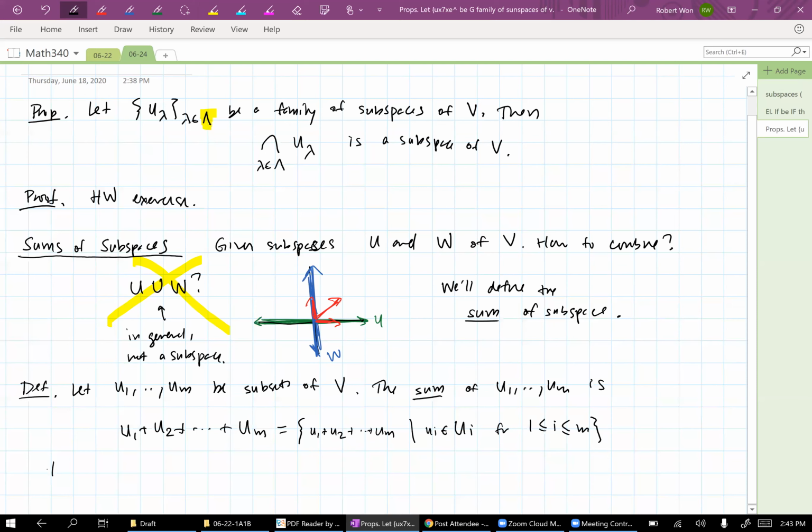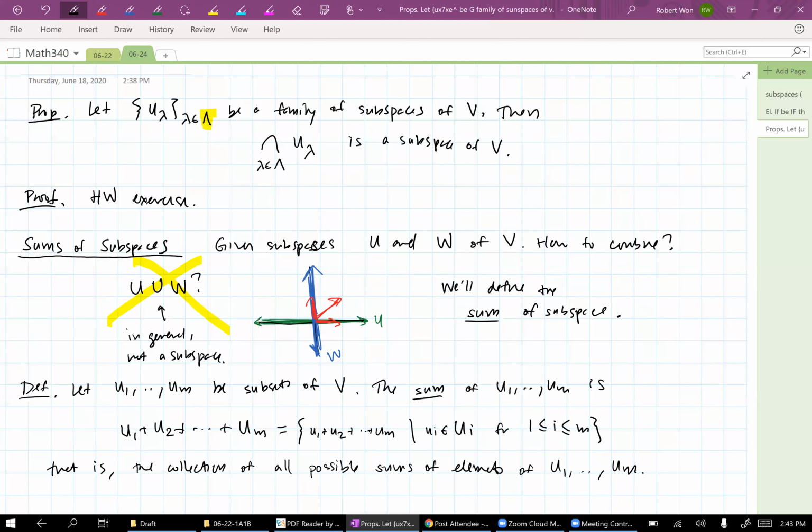Okay, so that is the collection of all possible sums of elements of U1 up through Um. Okay, so this is some set of vectors in V. It's all the vectors that you can write as something in U1 plus something in U2, dot, dot, dot, plus something in Um.